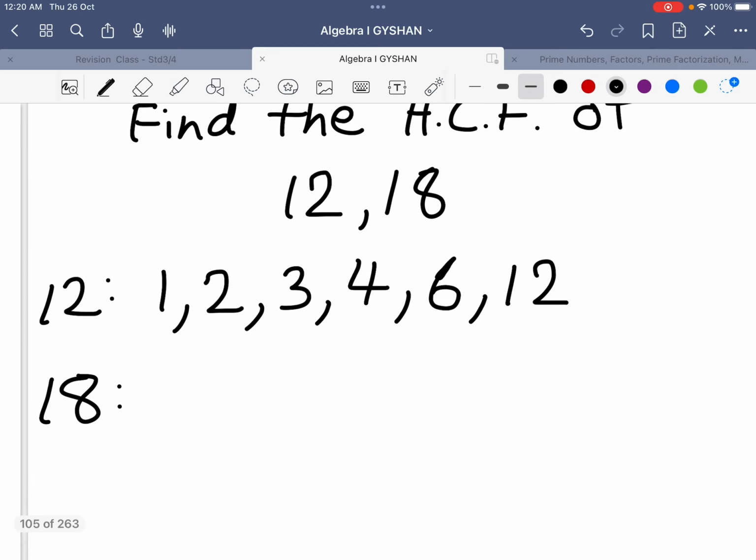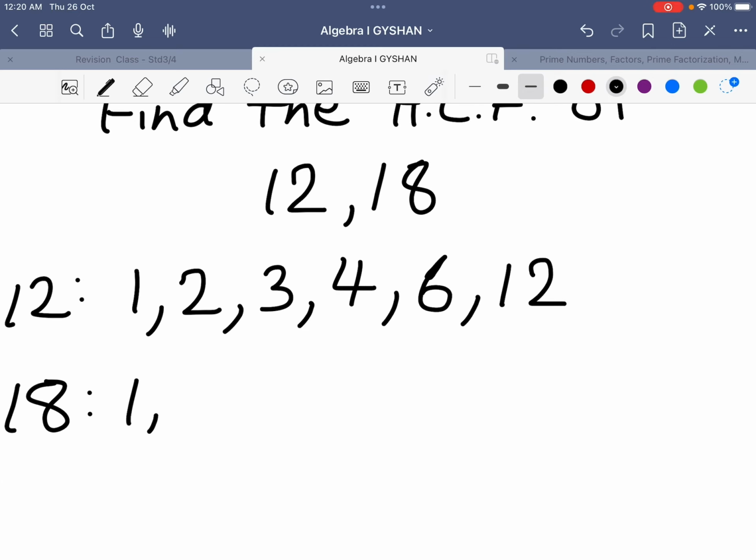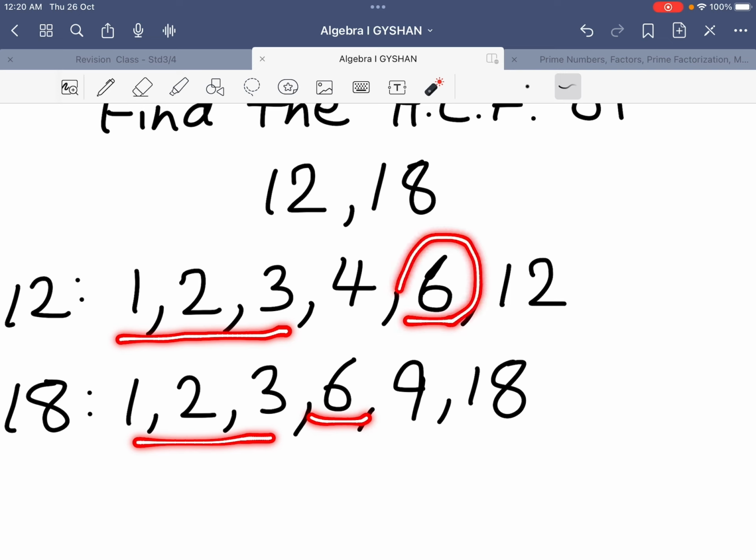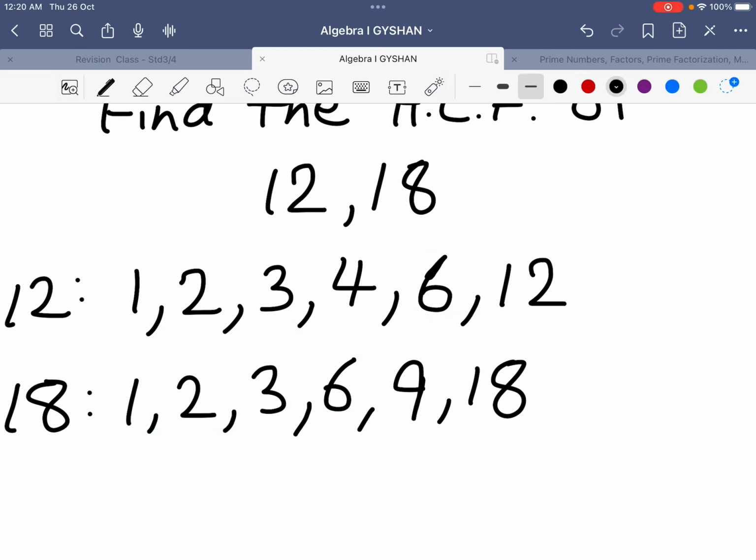So the factors of 18 will be 1, 2, 3, 6, 9, and 18. So the common factors will be 1, 2, 3, 6. So the highest common factor will be 6. So your answer is 6.